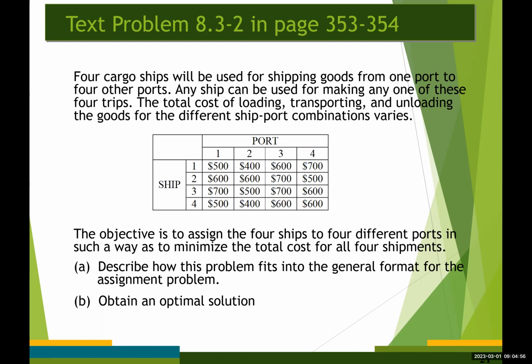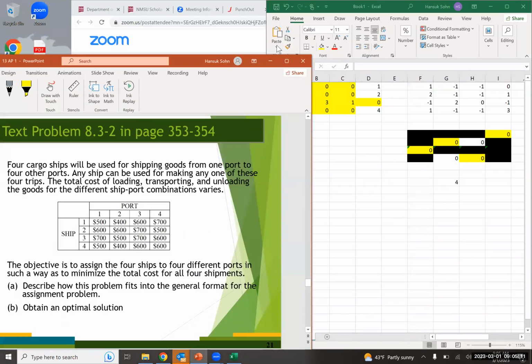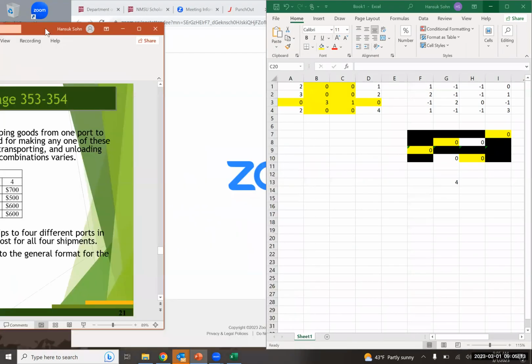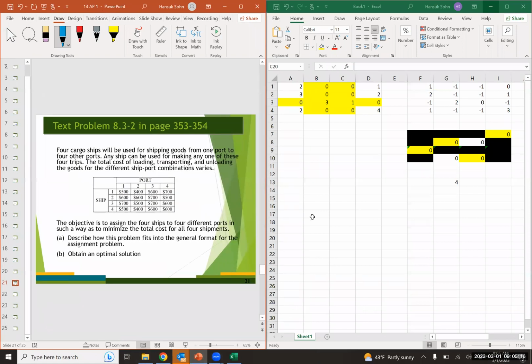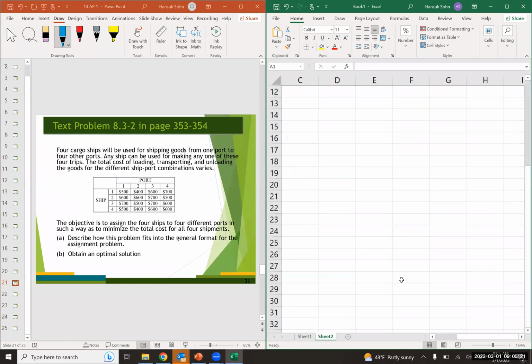Okay, then let's answer question B. We need to obtain an optimal solution, and let's use the Hungarian algorithm that we just discussed. Again, I'm going to use an Excel spreadsheet for that. So I'm going to create a new tab, and then I'm going to put the information for this table here.